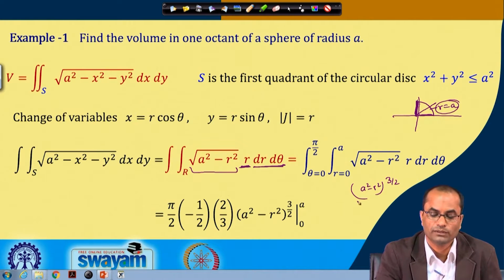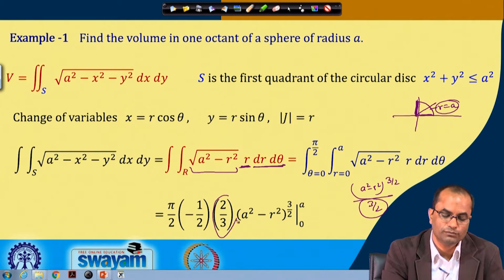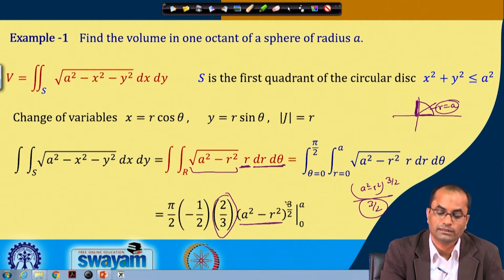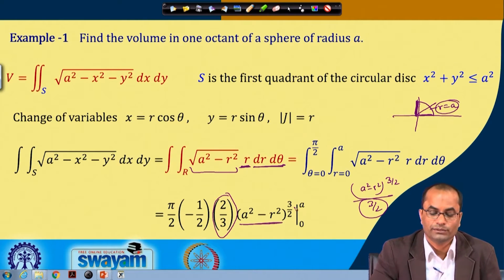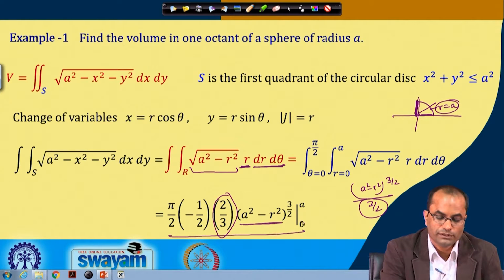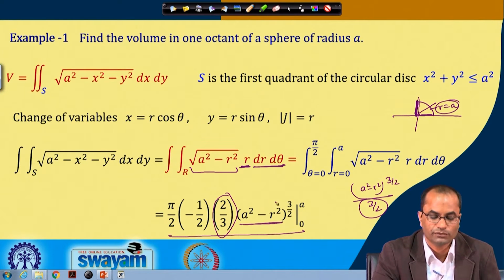So, minus half plus 1 gives 3 by 2. This 3 by 2 we have taken as 2 by 3, and a square minus r square power 3 by 2, and the limits are from 0 to a. So, if we substitute now these limits, the upper limit will make it 0, the lower limit for this r will make it a square power 3 by 2, meaning a cube with minus sign.